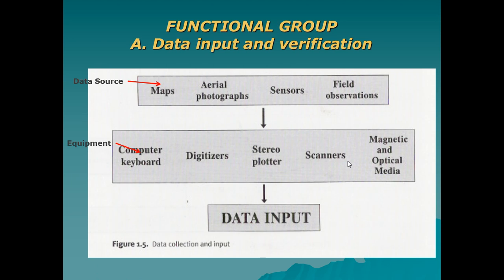Those are very large and also very expensive pieces of equipment, so those can scan large paper maps. All right. I don't know how much we're really into magnetic and optical media anymore, but these are some examples of the devices that you would need for input.